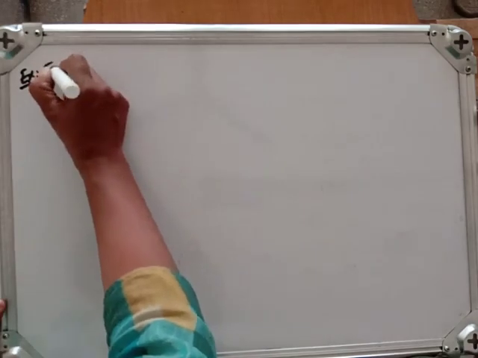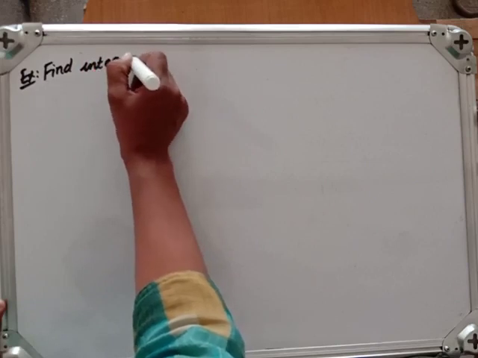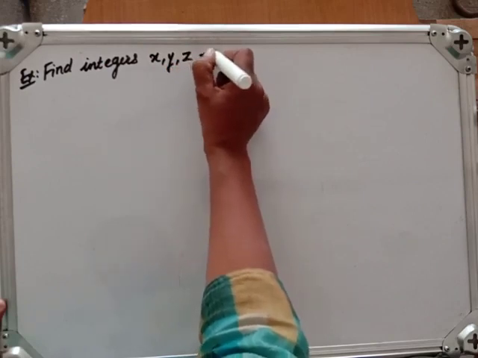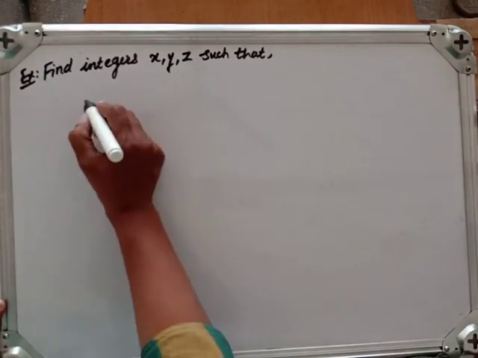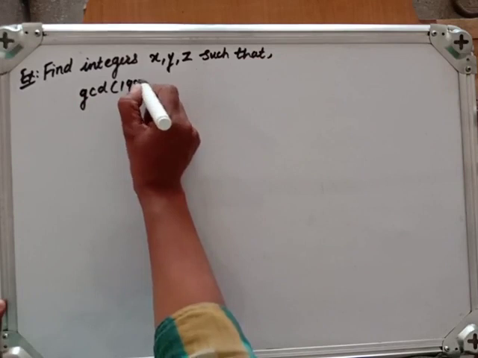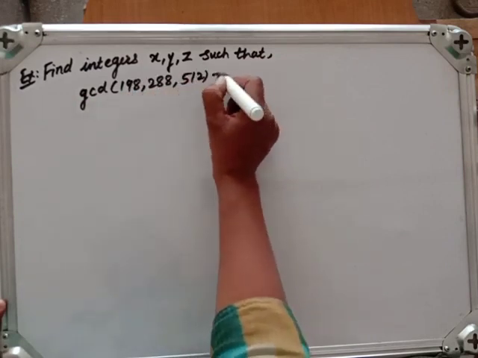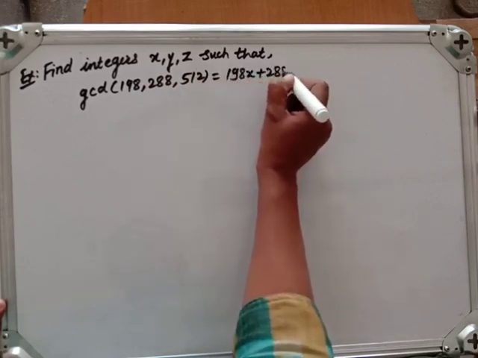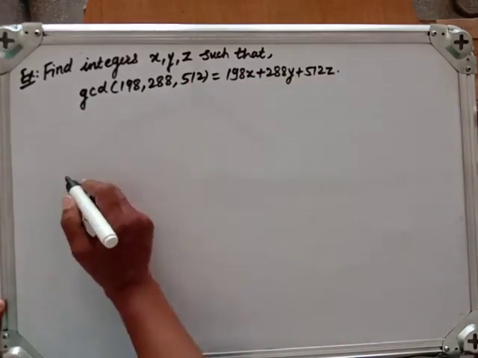So now the last example: find integers x, y, z such that the GCD of 198, 288 and 512 is equal to 198x plus 288y plus 512z. Solution.